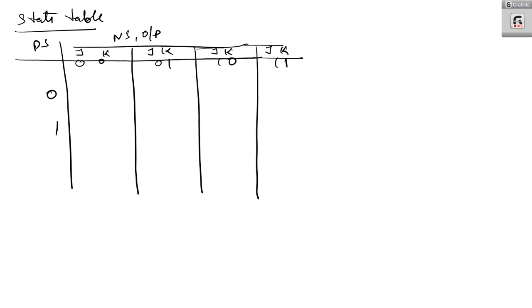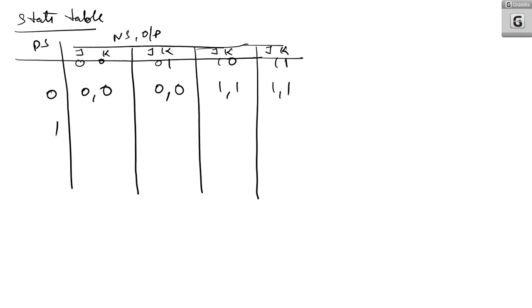If the present state is 0, what happens when J is equal to 0, K is equal to 0? There is no change, so the next state is 0 with output 0. For 0 1, it is 0 comma 0. If J is equal to 1, K is 0, the next state is 1 comma 1. If J is equal to 1 and K is equal to 1, it is 1 comma 1.